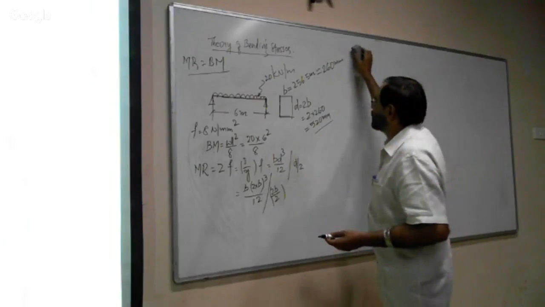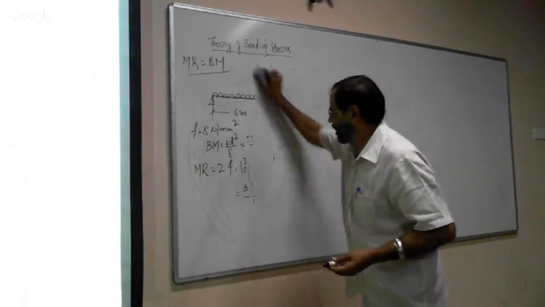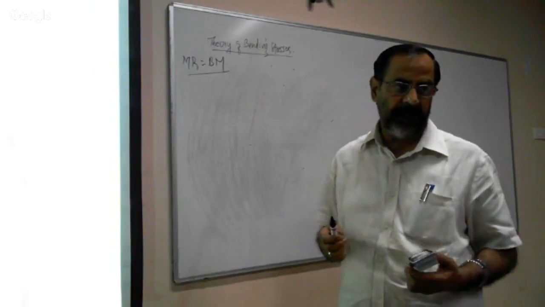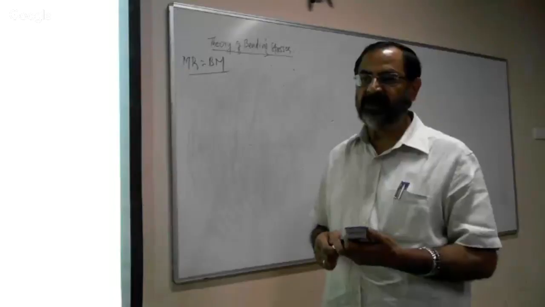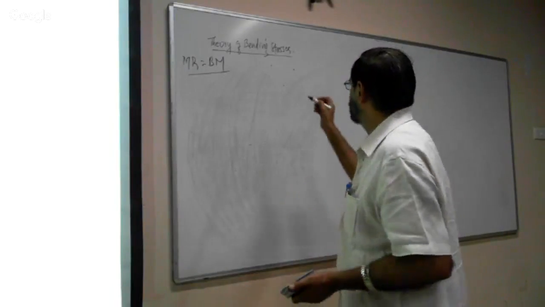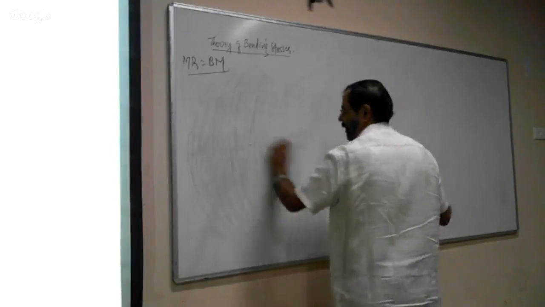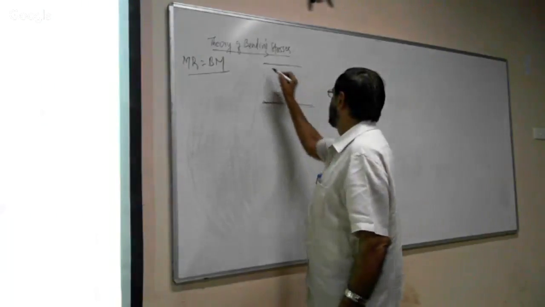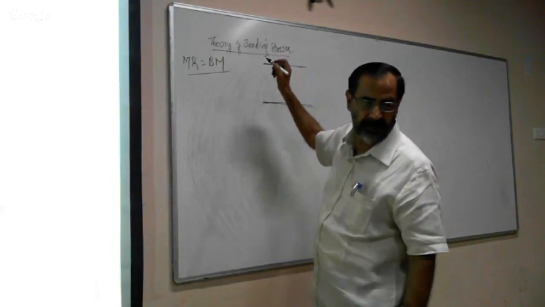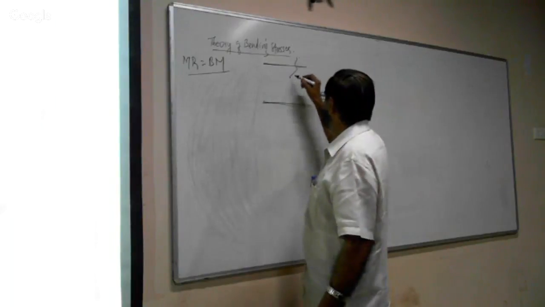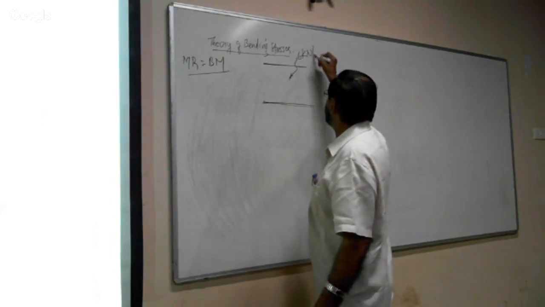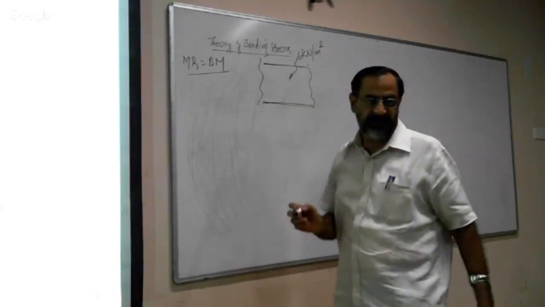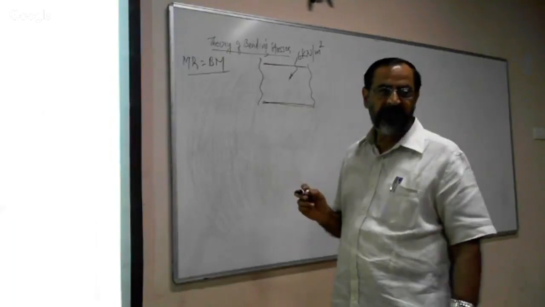One more problem. A floor carrying a load of 6 kilonewton per meter square area, a room floor, is supported on a timber joist.